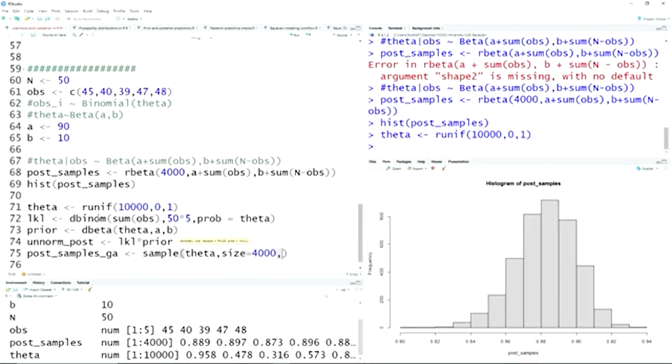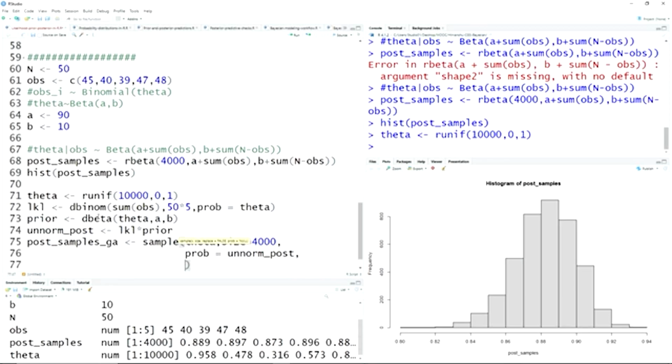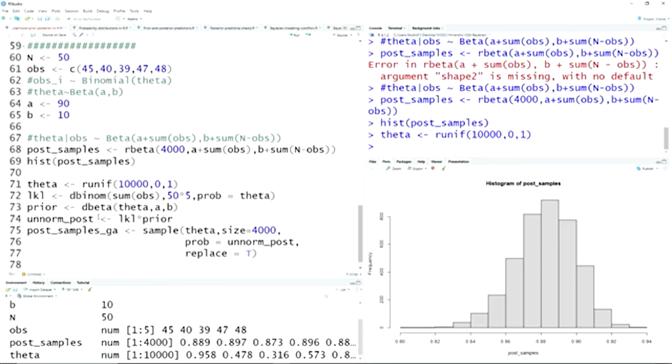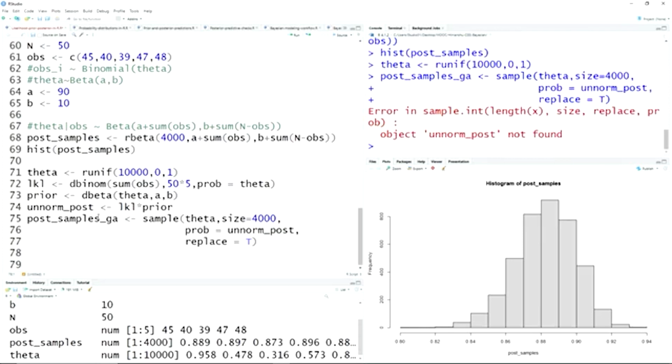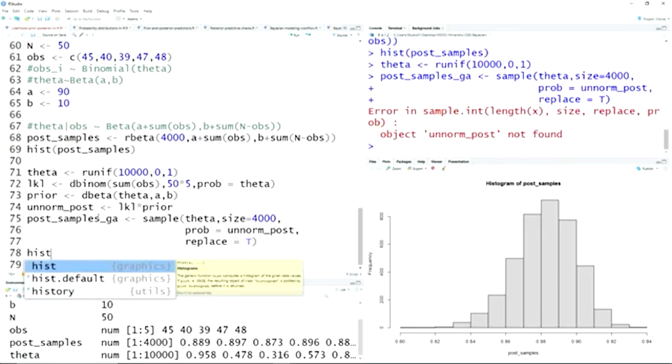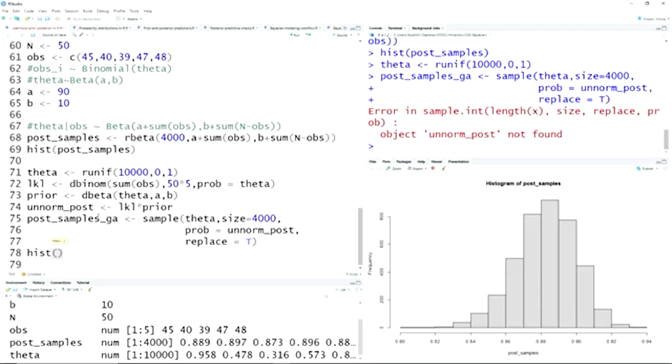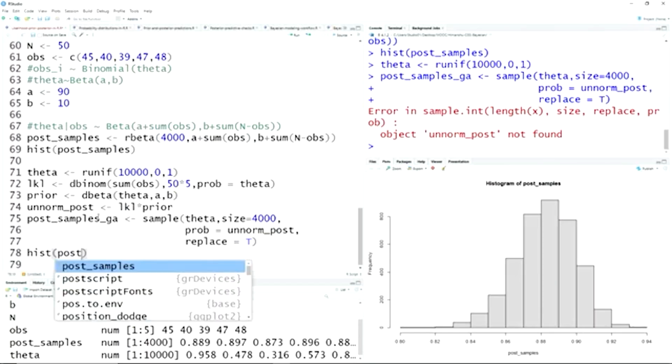Let's say 4,000, and the probability weights will be the normalized posterior density, and replace equals true. So this will give you posterior samples using the grid approximation approach, without the analytical method.